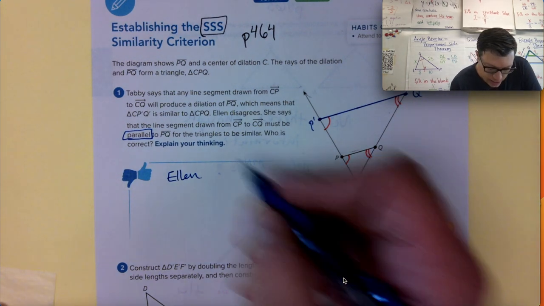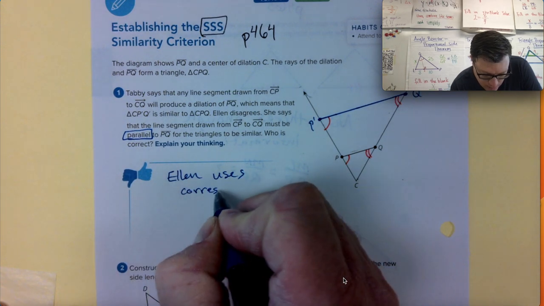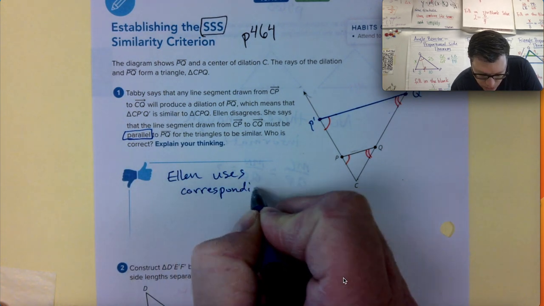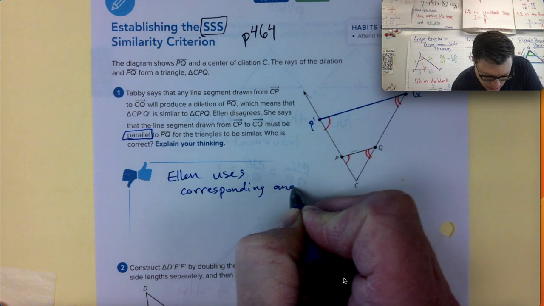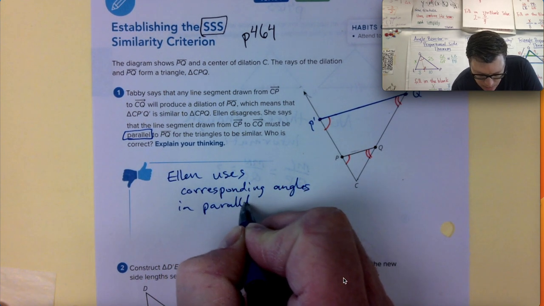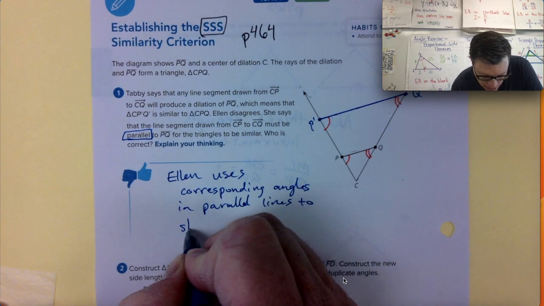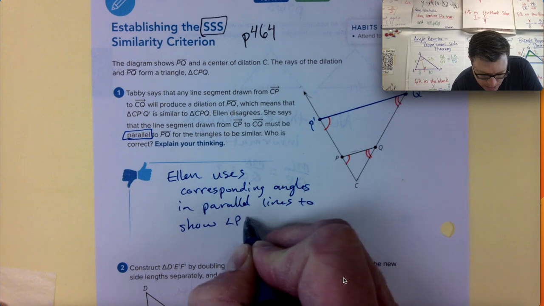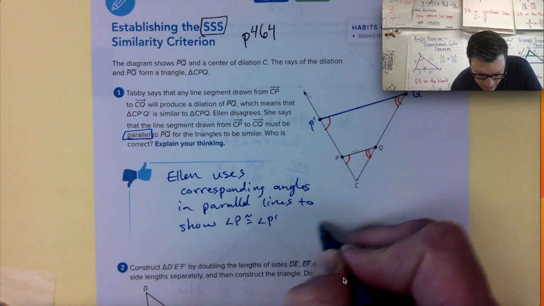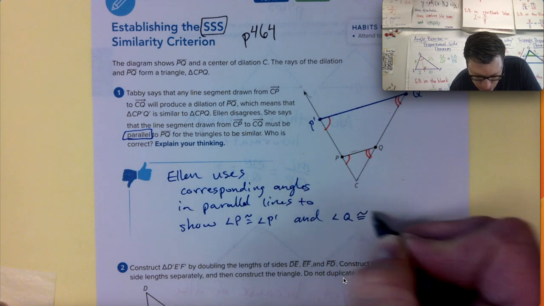So Ellen uses corresponding angles in parallel lines to show angle P is congruent to angle P prime and angle Q is congruent to angle Q prime.